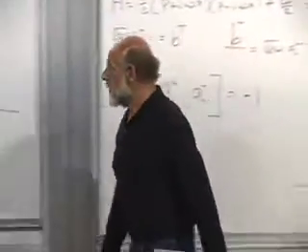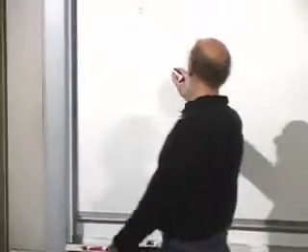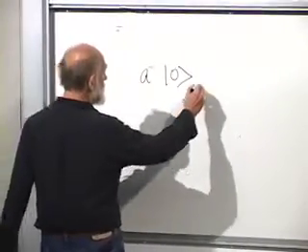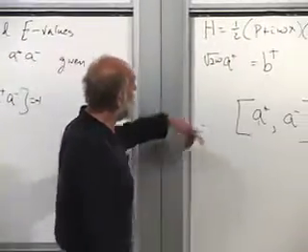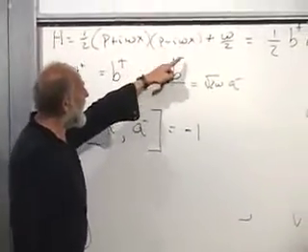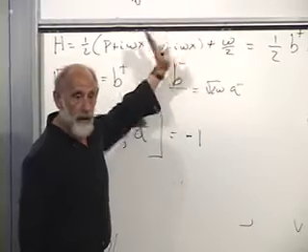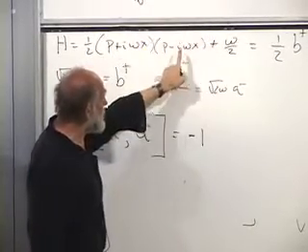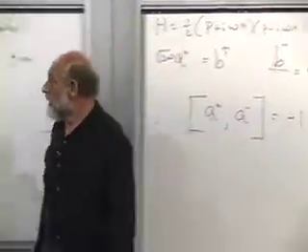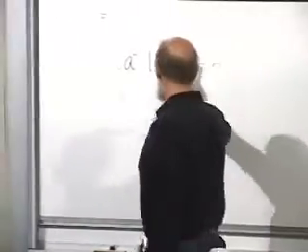That was just this little calculation where we took P minus i omega x and multiplied it by e to the minus omega over 2 x squared. We got 0. So A minus on the ground state is equal to 0.